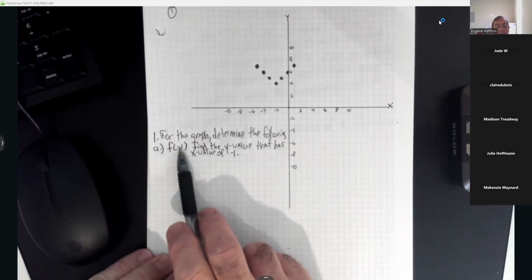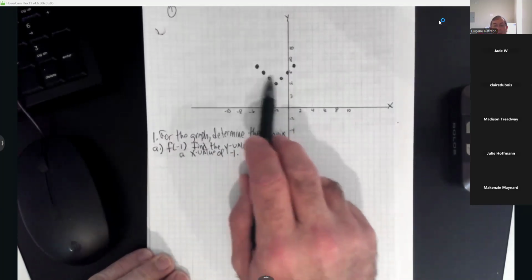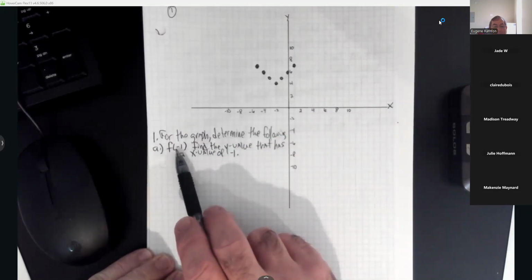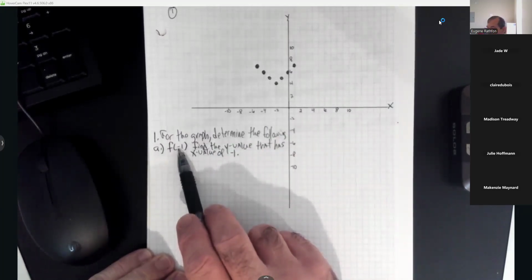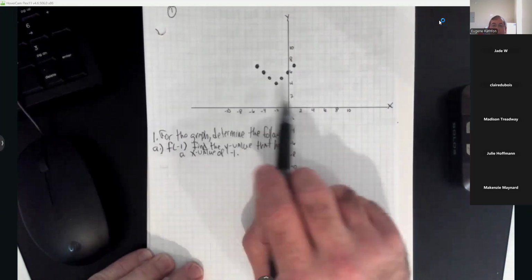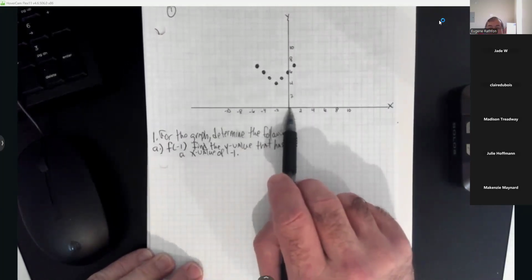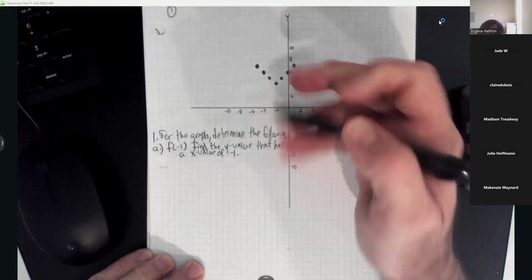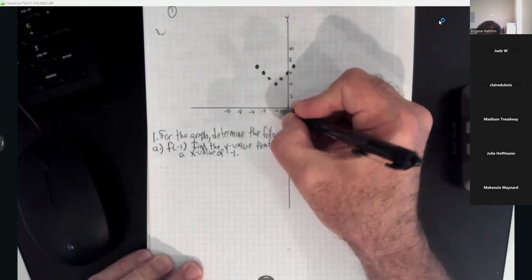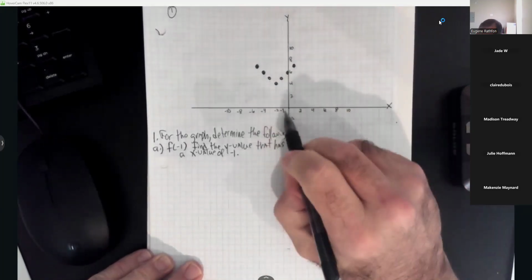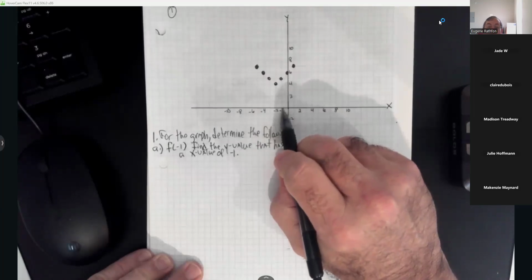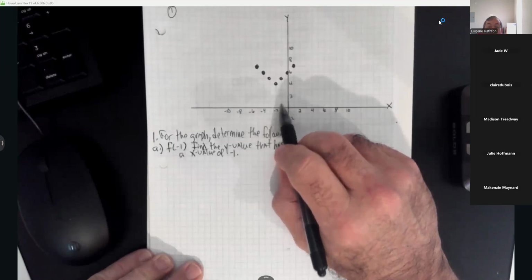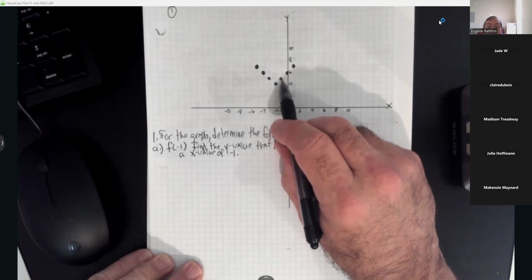So they want me to find the y value on the point that has the x value of -1. So y'all, what I would do on the x's, I would come over here to where -1 is. They don't list this, but -1 would be right there on the x-axis. So what I need to know is, what is the y value of that point?